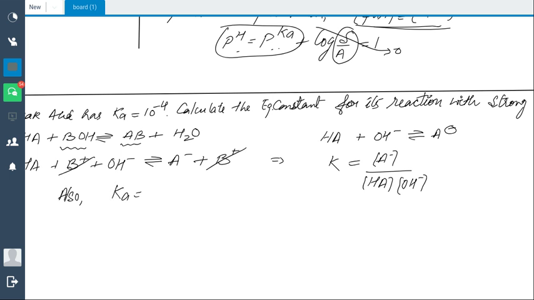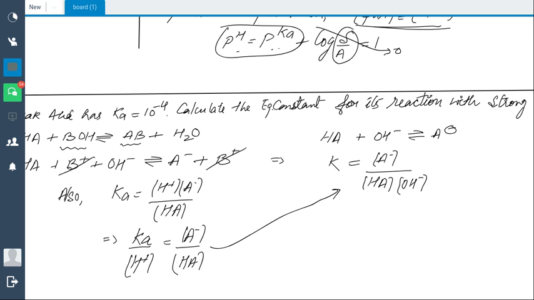Now also Ka is equal to H plus into A minus by HA. So from here I can say Ka by H plus is equal to A minus by HA.